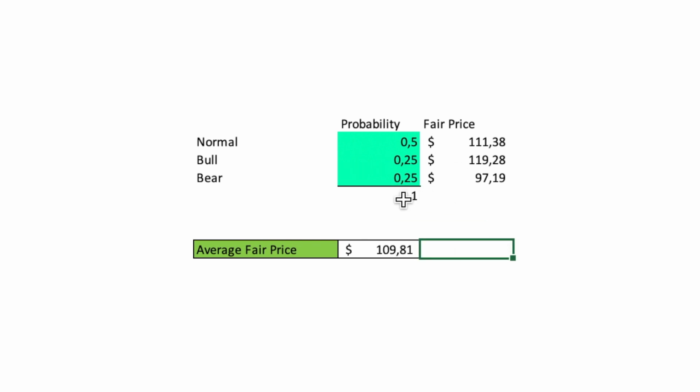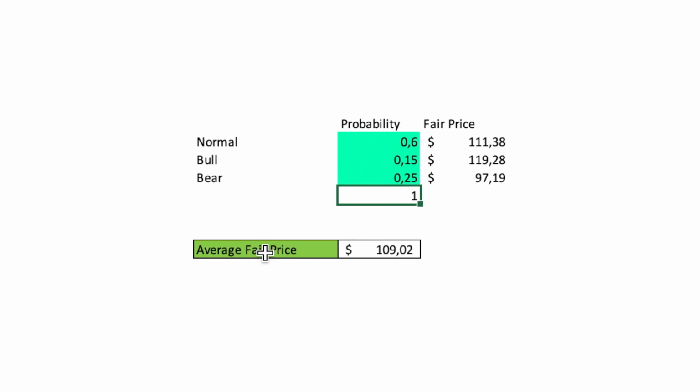Now the result here has to be equal to 1. This is very important. This just calculates it for you. You see, if you go wrong, let's say here you put 0.6 and then it says it's 1.1, it doesn't work like that. Then you can change them however you want. For example, here you just put 0.6 and then you go on the bull case and say, you know what, this is not likely, then you put 0.15, and it is equal to 1.